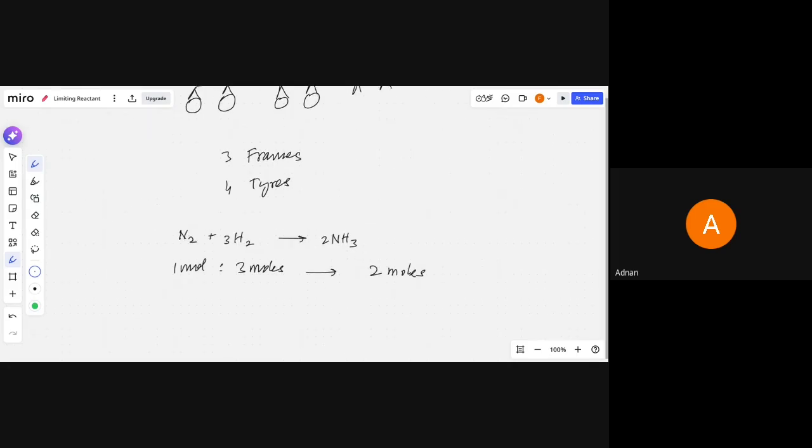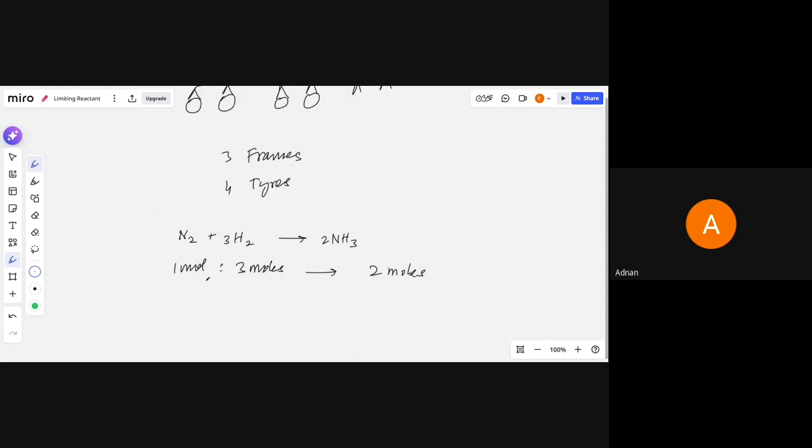Remember that in a balanced chemical equation, we do not have a limiting or excess reactant, because the reactants react completely, and at the end of the reaction, all of this mass will be consumed and changed into products. So the concept of limiting and excess reactant doesn't relate to a balanced chemical equation.